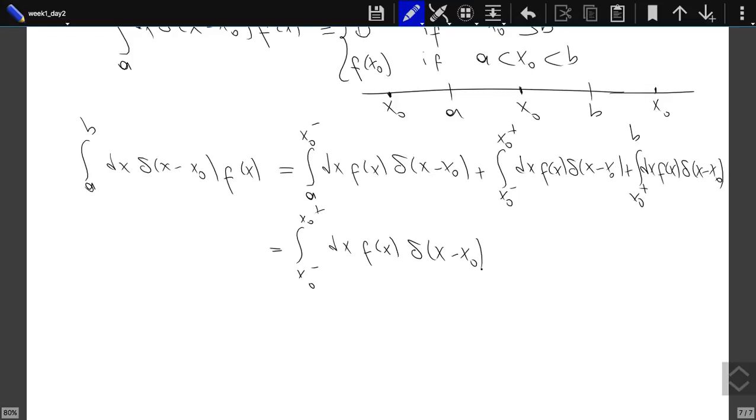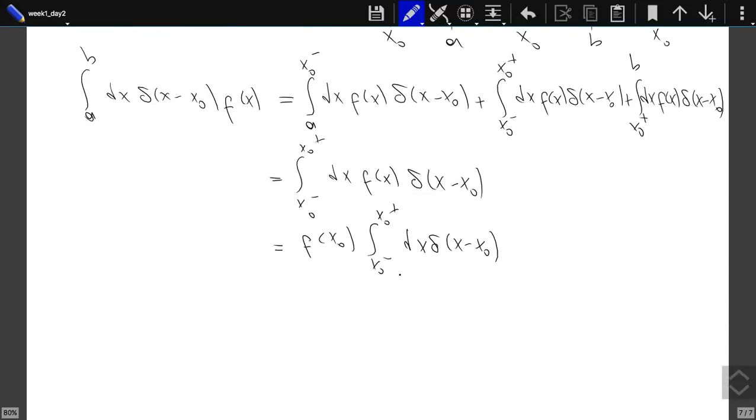But if f of x is a continuous function at that point, it just means that in a very, very small interval, its value doesn't change at all. So it is just constant in this interval. Well, if it is constant in that interval, then this is equal to f of x0 times the integral from x0 minus to x0 plus dx Dirac delta x minus x0.